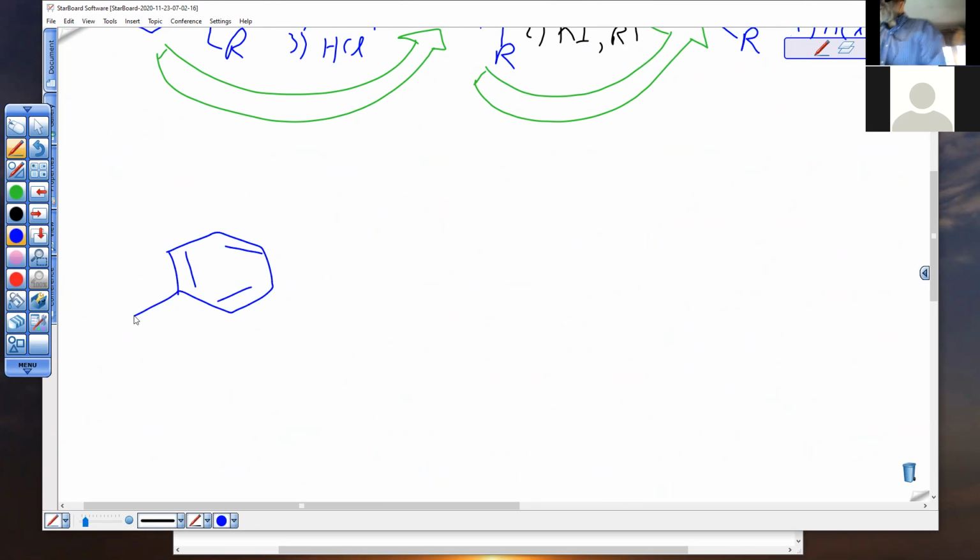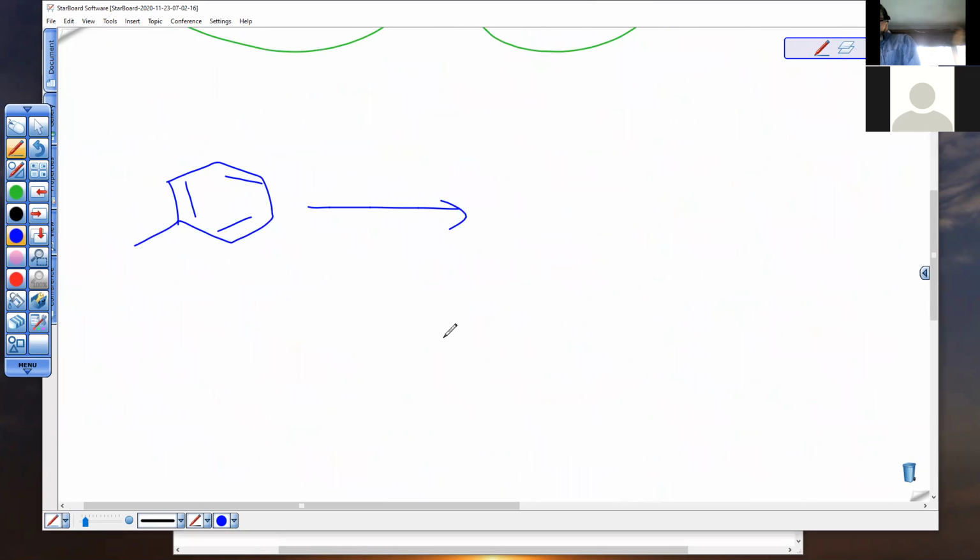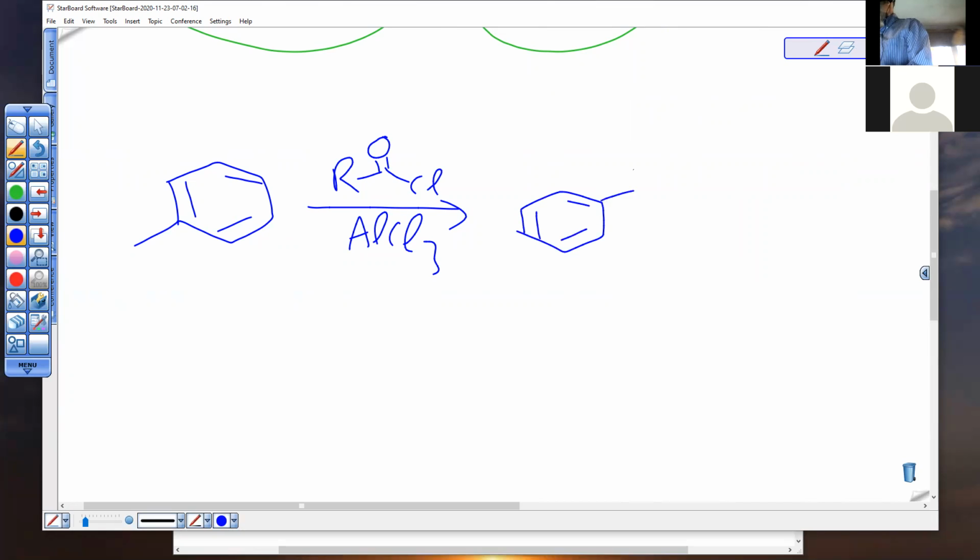So here, if you have a CH3, then what do you want to put on there? So we can add the para one. Yeah, so it can go some carbonyl group or something. Yeah, it'll go para to that. I see a lot of advantages to this approach.